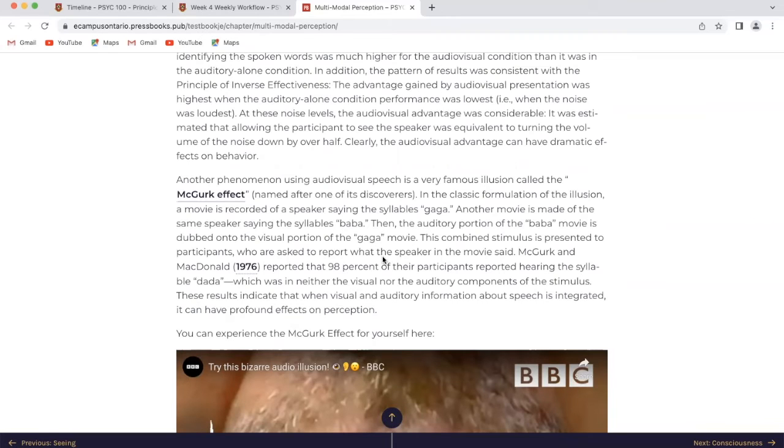This combined stimulus is presented to participants who are asked to report what the speaker in the movie said. McGurk and MacDonald in 1976 reported that 98% of the participants reported hearing the syllable dada, which was in neither the visual nor the auditory components of the stimulus. These results indicate that when visual and auditory information about speech is integrated, it can have profound effects on perception.